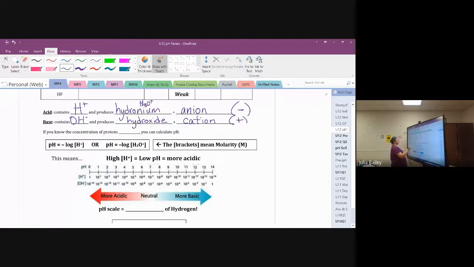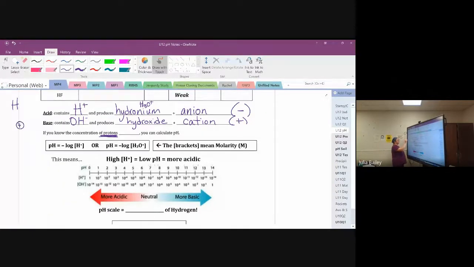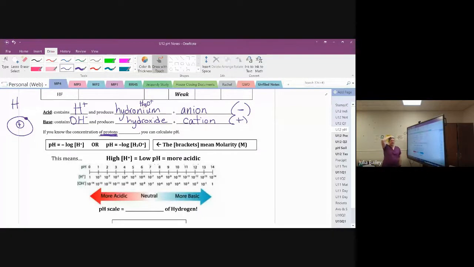It talks about protons here. I want to take a little time out for what we're saying when we talk about protons. If we think about a hydrogen atom, which when you check your periodic table has an atomic number of 1, that means you have 1 proton and it is surrounded by 1 electron. But when that electron is lost in a chemical reaction, you take away that negative electron, and then you're left with literally only a proton.